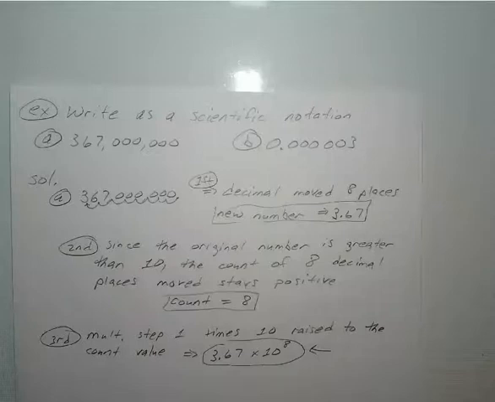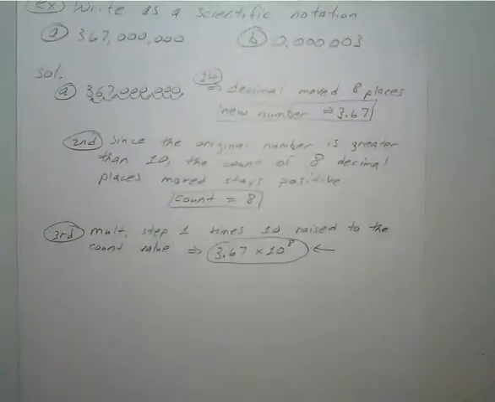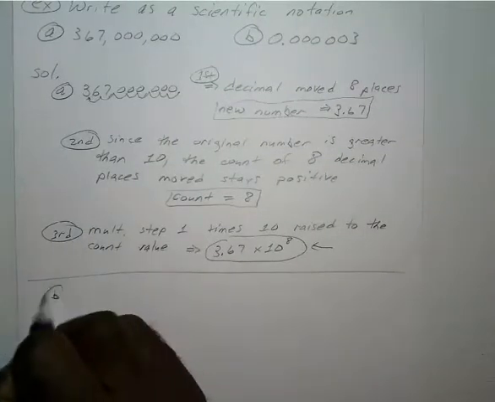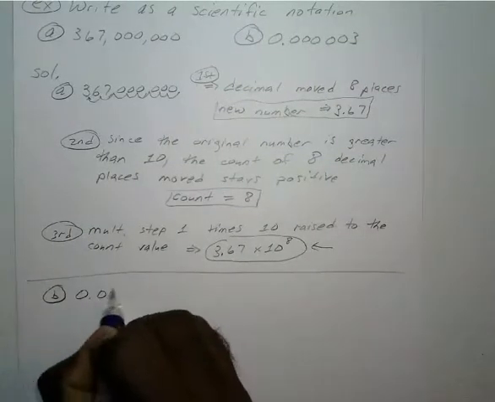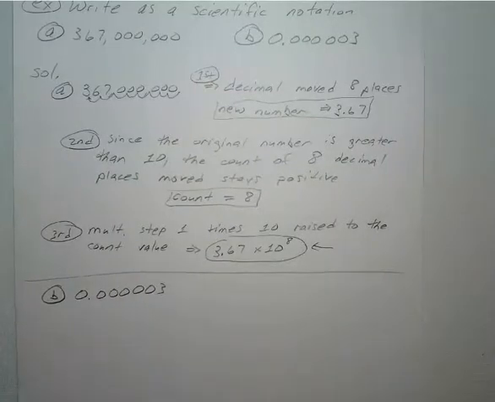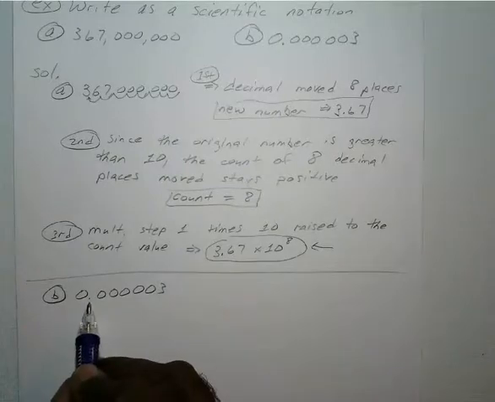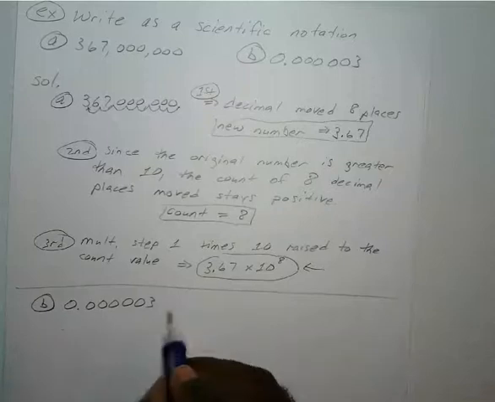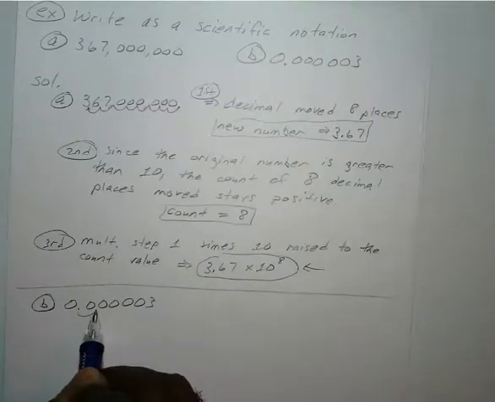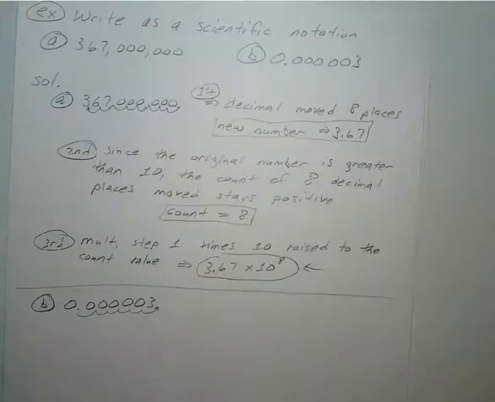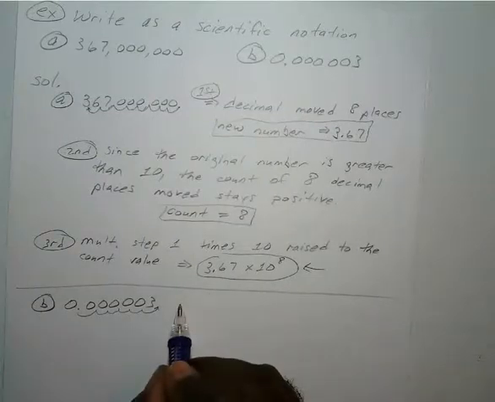Okay, so what about problem B? For problem B, we have 0.000003. Now we're going to move this decimal. Sorry about that. Here we go. We're going to move this decimal 1, 2, 3, 4, 5, 6 places to where it's just 3, or 3.0.